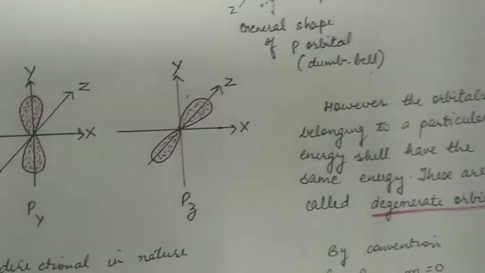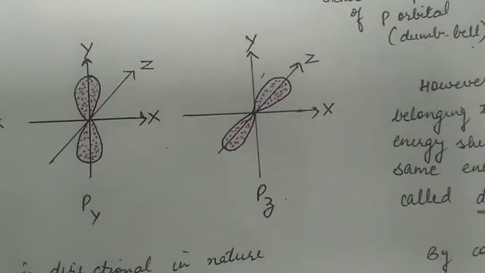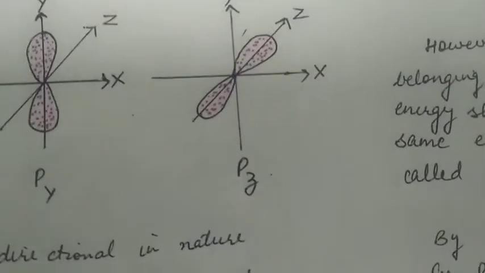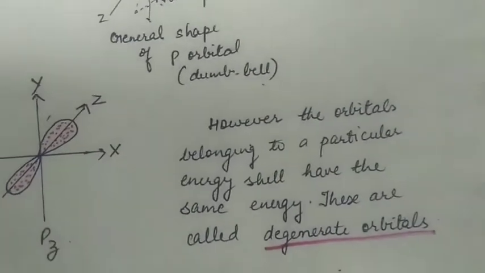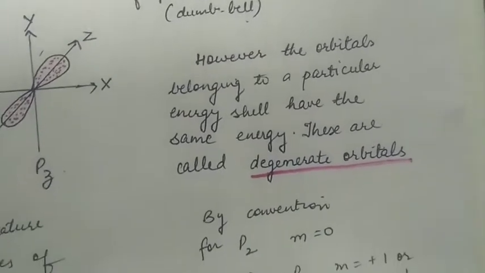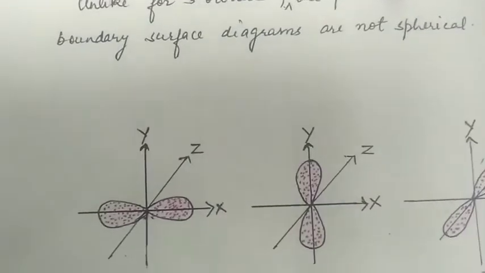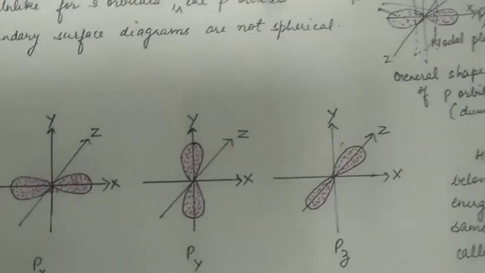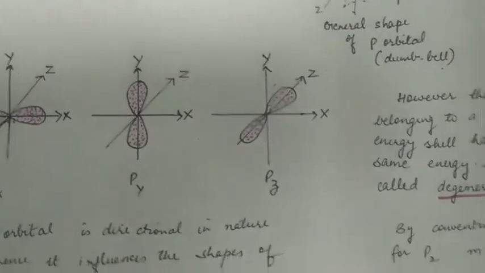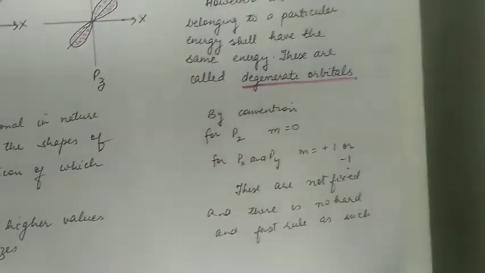The orbitals belonging to the same energy shell will have the same energy, and these are called degenerate orbitals. So px, py and pz all have the same energy, so they are called degenerate orbitals.